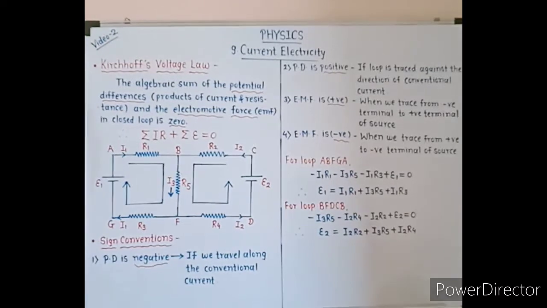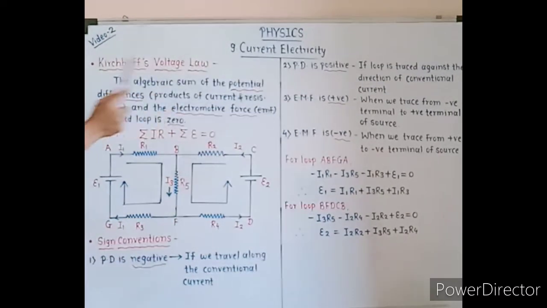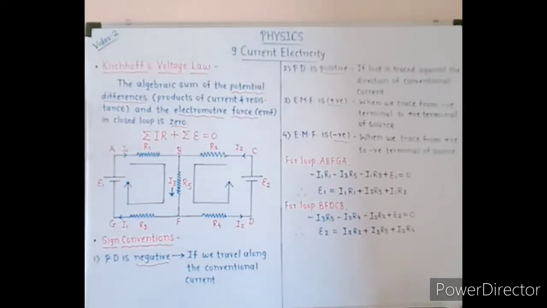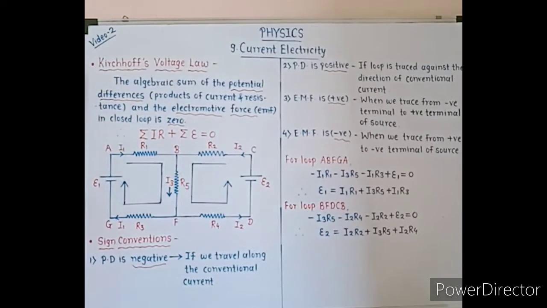Now the statement is: the algebraic sum of the potential differences, that is nothing but the product of current and resistance, and the electromotive force, that is EMF, in a closed loop is 0. The algebraic sum of the potential differences.